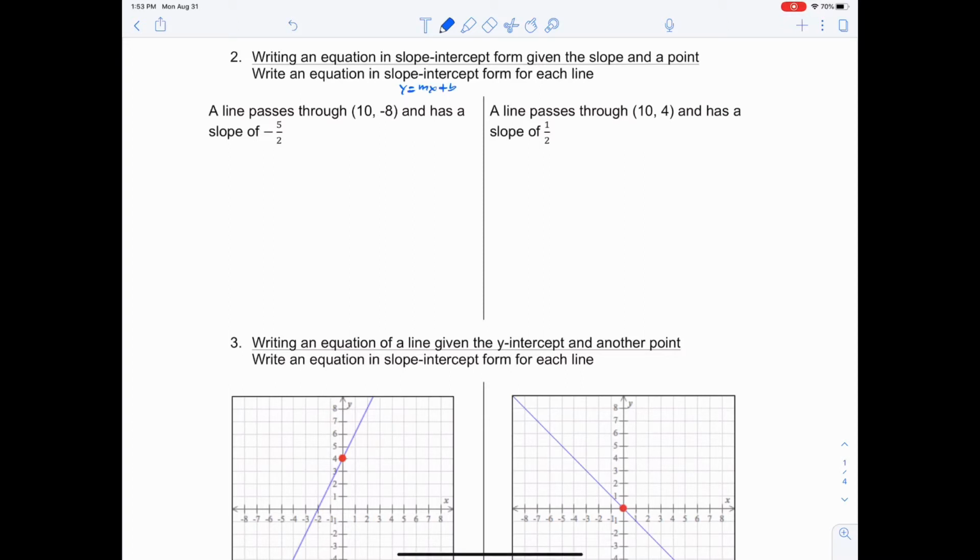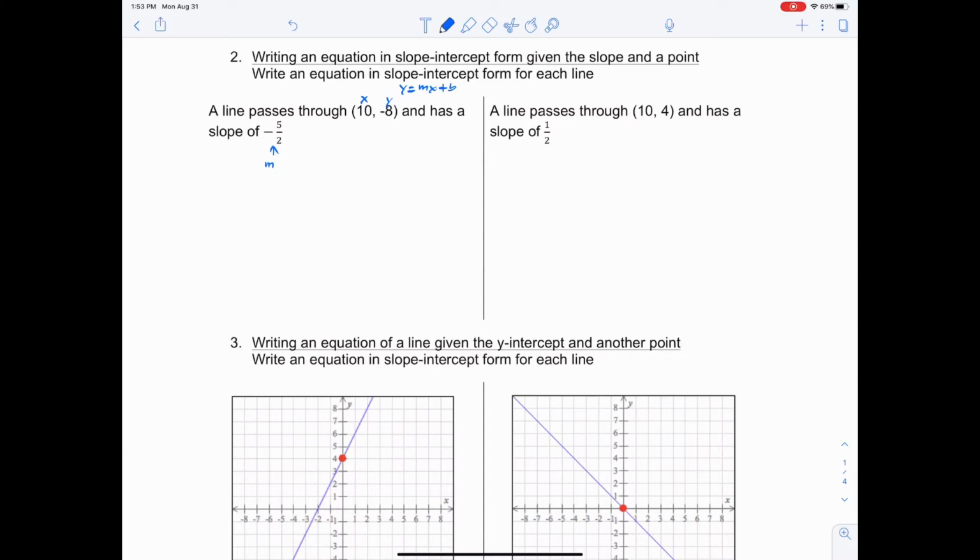A line passes through a point (10, -8) and has a slope of -5/2. That's my m. Unfortunately, I don't have (0, y), so what we can do is plug the information that we have into our equation y equals mx plus b, and we can find our b.